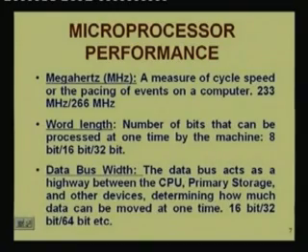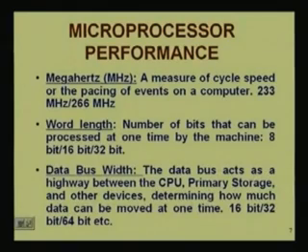Whenever the system clock is there and every time you are processing something, let us say adding 2 numbers, it has to go through some very well specified steps, and the time taken will be defined by the system clock, and this cycle speed will depend on the megahertz.